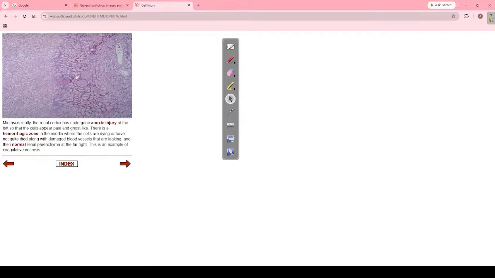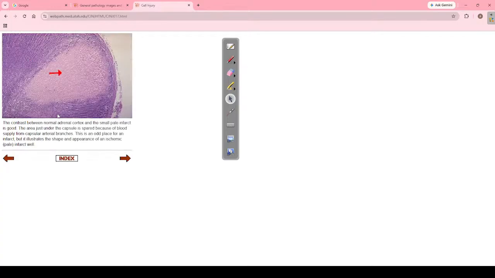But here there is blood in all of this tissue, hemorrhage, and it's leading to coagulative necrosis. Then there is a contrast between normal tissue and the pale infarct. You can see here all is the hemorrhagic area, and this is all pale. The area under the capsule is spared because of blood supply from the capsular artery. So in the case of the frontal cortex, there is a capsule, and in the capsular artery, there is blood supply sparing.